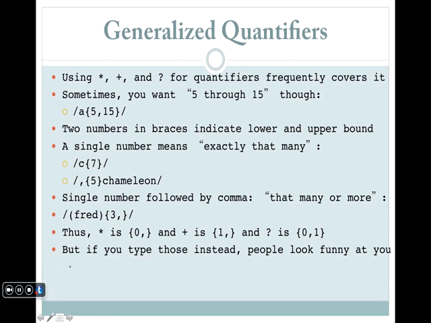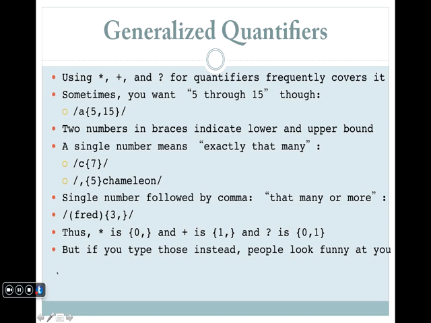Now a single number followed by a comma means that many or more. So this is a very nice one. Here I'm saying I want Fred, and I'm saying 3 times repeated, comma, which means or more. So here I have to use it completely: curly braces, 3, comma, close curly braces.